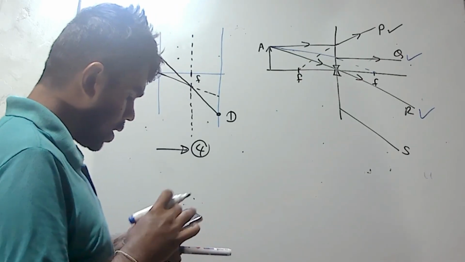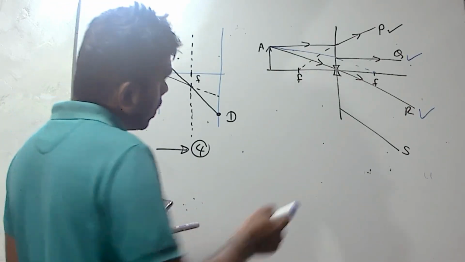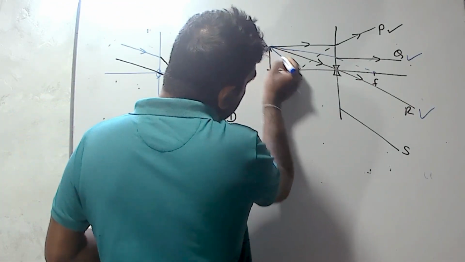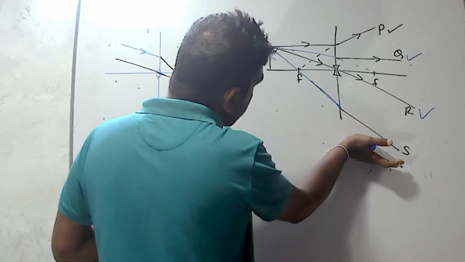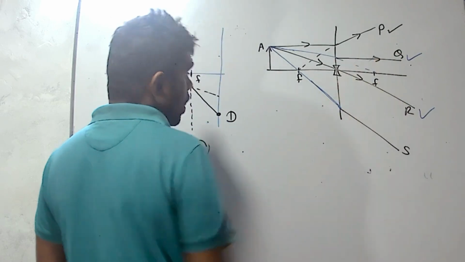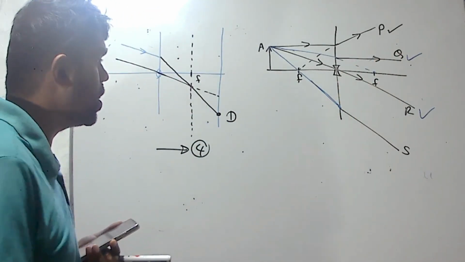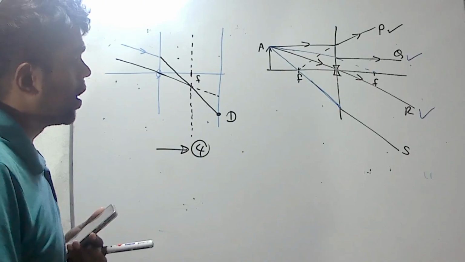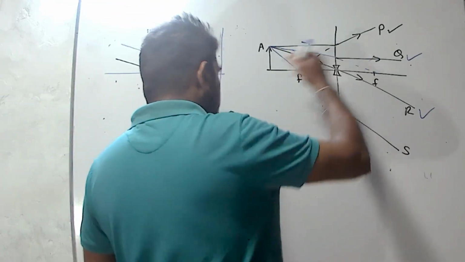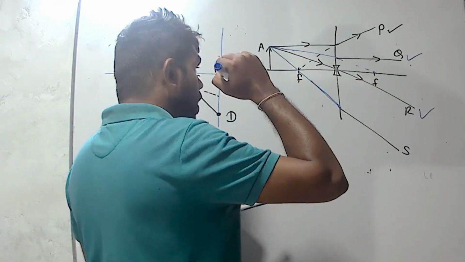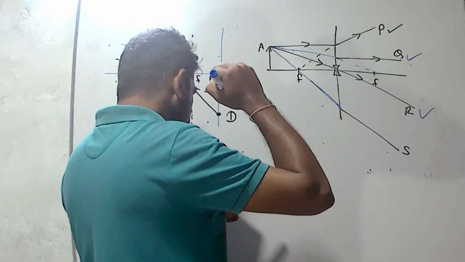S is incorrect. We can't get a ray like this. It is refracting towards the main axis. We can't get a light ray like this by using concave lens. Then only P, Q and R true.